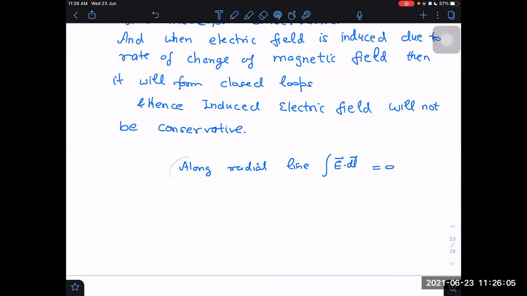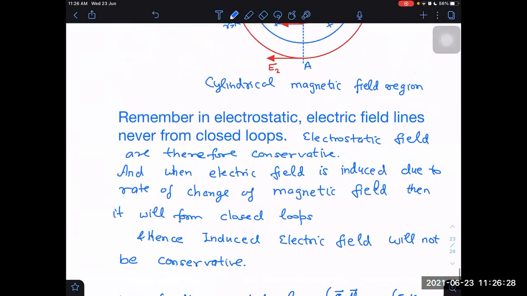So we can say EMF along the radial line will be 0. Very important to be remembered. Why is it 0? The reason is E dot dl is E into dl into cos 90 degrees, which will be 0. Along a radial line, it will be 0.